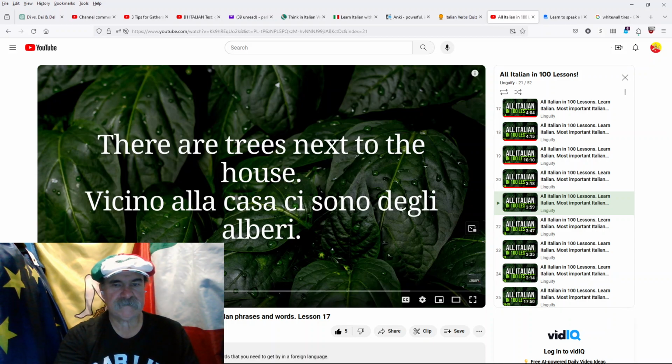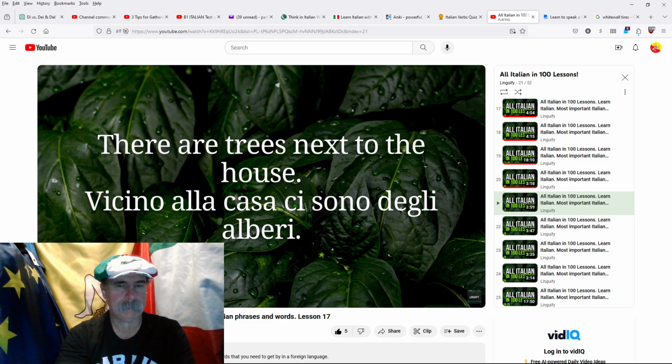Vicino alla casa ci sono degli alberi. What I would get out of this is that there are trees near the house. To the house. Vicino alla casa ci sono degli alberi.